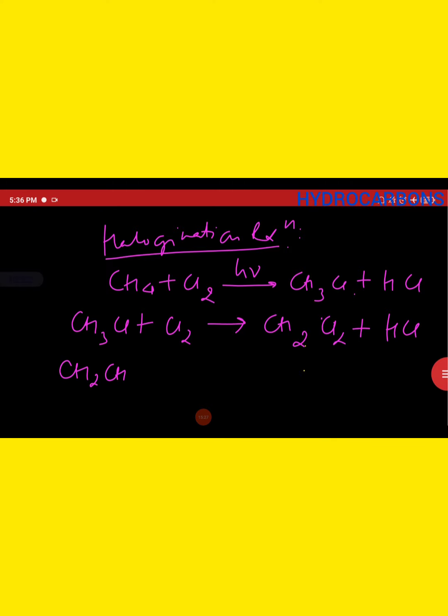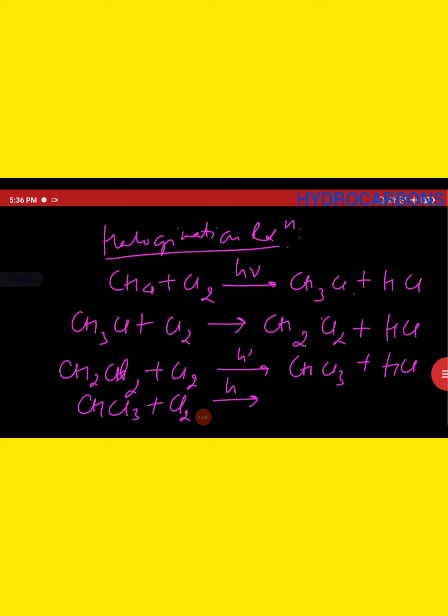And dichloromethane, CH2Cl2, on reaction with chlorine gives rise to chloroform, CHCl3, whose IUPAC name is trichloromethane, in the presence of HCl. And this chloroform, when further allowed to remain in sunlight, gets decomposed to form carbon tetrachloride and HCl.